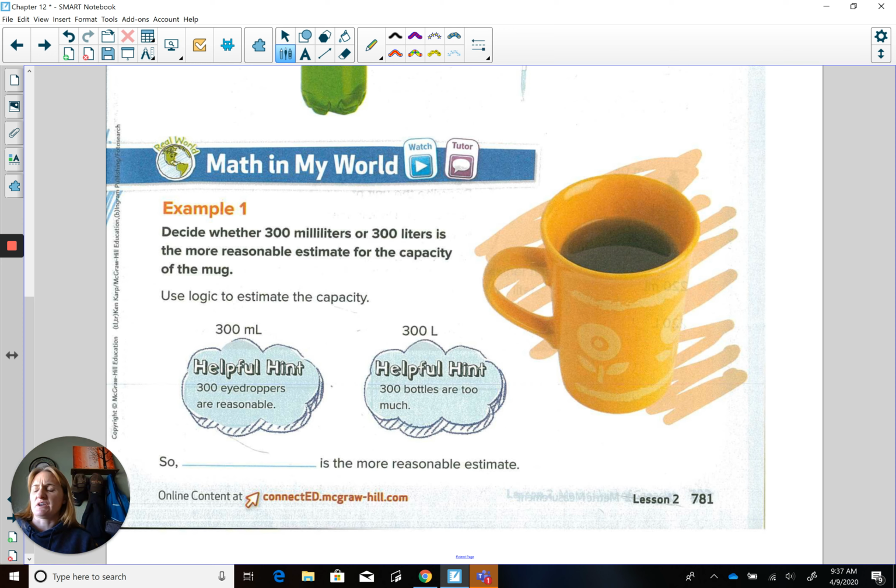I think if I had that much coffee, I would feel miserable all day and be really hyper. Or would it be like 300 eyedroppers? To me, that would be more reasonable. So we would call this 300 milliliters, which is lowercase m, capital L. Okay? All right, let's move on to the next page.